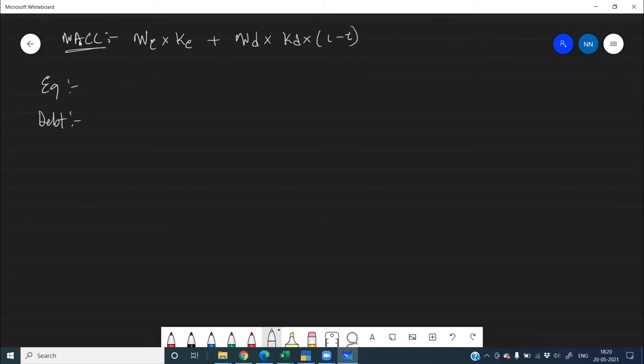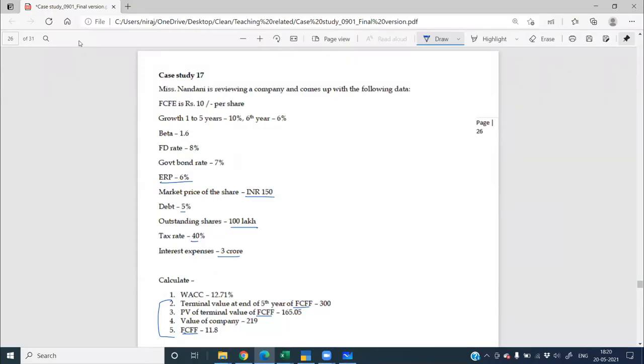For equity, the information given is that the number of shares is 100 lakh and the price per share is 150. So 150 into 100 lakh is my equity. For debt, no information has been given directly, but one way I can calculate my debt is that my interest expense is 3 crores and my debt rate is 5%.